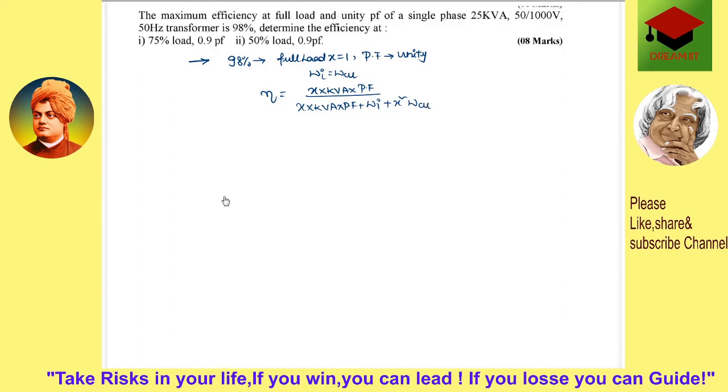So this is the formula you have to consider. So x into full load kVA, what is the percentage efficiency? It is given 98 percentage. 98 percentage means I can write as 0.98, that is equal to, x is given as full load, that is 1, and full load kVA is 25 kVA, 25 into 10 cube.